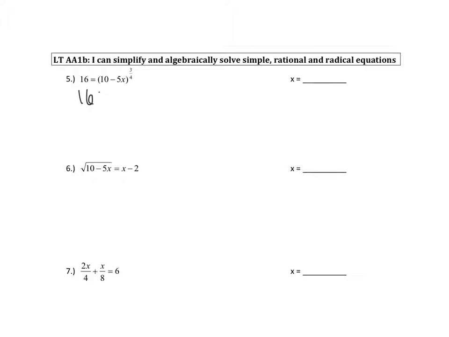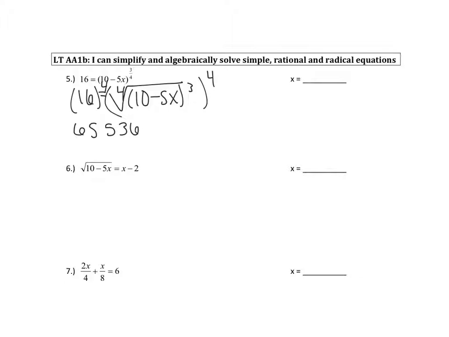So I'm going to do 16 equals the fourth root, parentheses 10 minus 5x to the third. So the first thing I need to do is raise both sides to the fourth power. So remember 16 to the fourth power is 65,536 equals parentheses 10 minus 5x to the third.